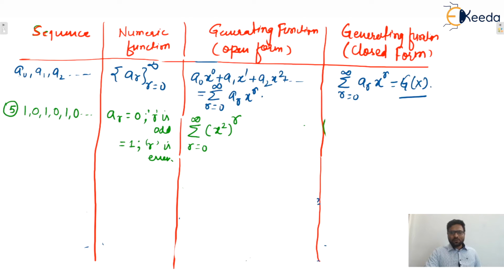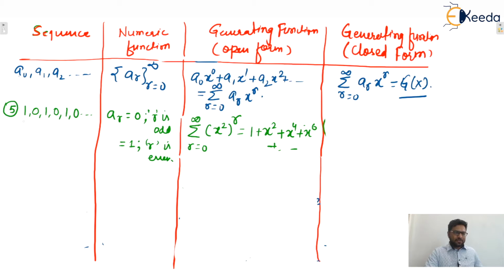Put R equals 0, then it becomes 1. Then put R equals 1, then it becomes x square. Then x power 4, then x power 6, and so on.